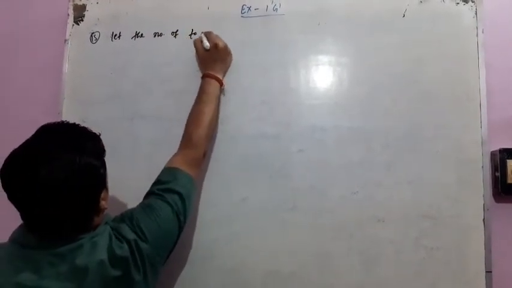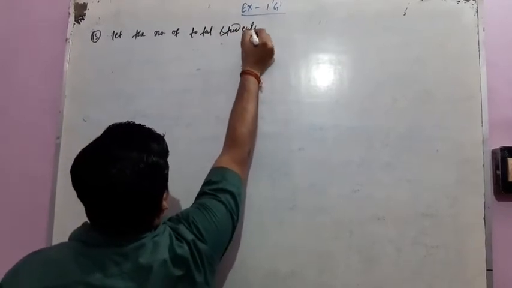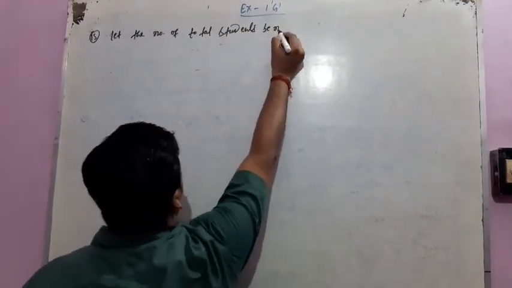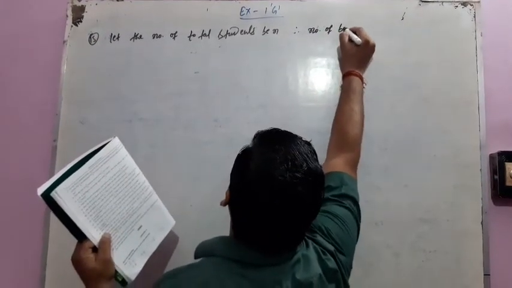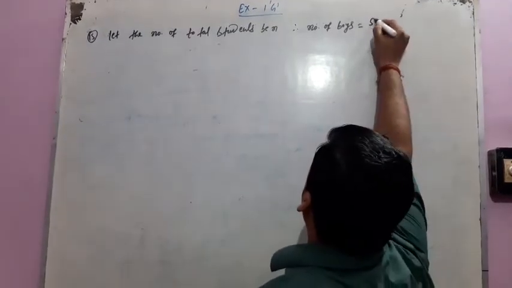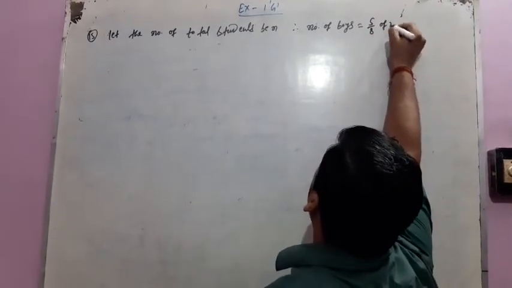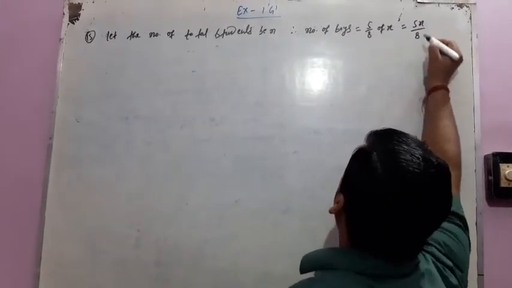Therefore the number of boys is equal to 5 by 8 of x, that is 5x by 8.